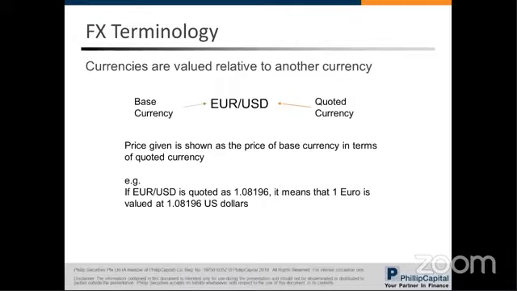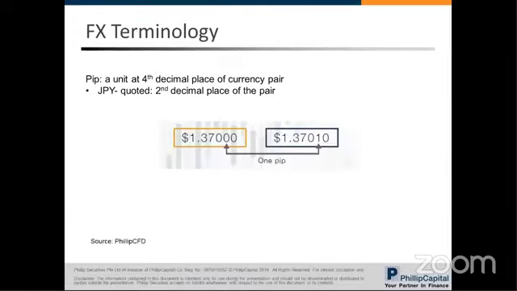So the price is the price of the base currency, in this case the euro, priced in terms of the quoted currency, which is the USD. This is how we interpret this FX quote.